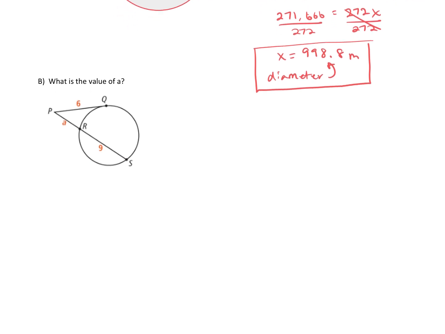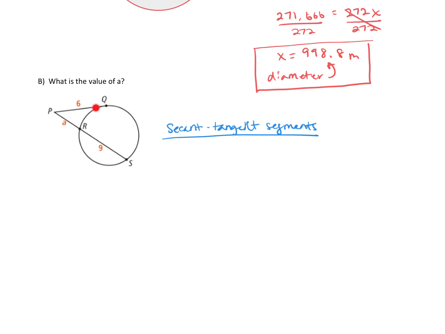All right, part B. What is the value of A? So we have to just decide what kind of segments we have. Do we have chord, secant, or do we have secant tangent? So these are secant tangent segments. So the theorem for your secant tangent segments is, it's similar to what we did above.